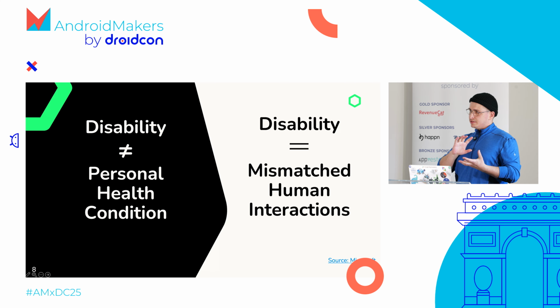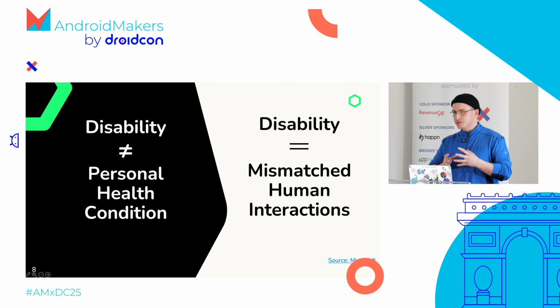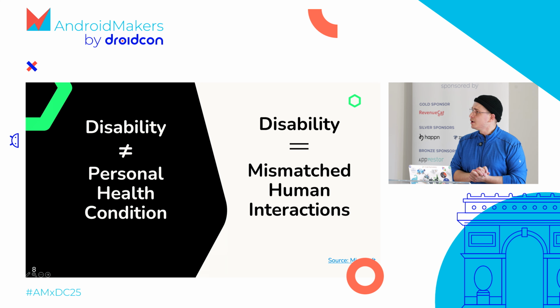They're not inherently disabled. They can communicate with each other using sign language, they can navigate through daily life. But the moment they try to consume content like a YouTube video or some other source that lacks captions, that's the moment the barrier is created in front of them, and that's the moment they would realize that they have a problem.